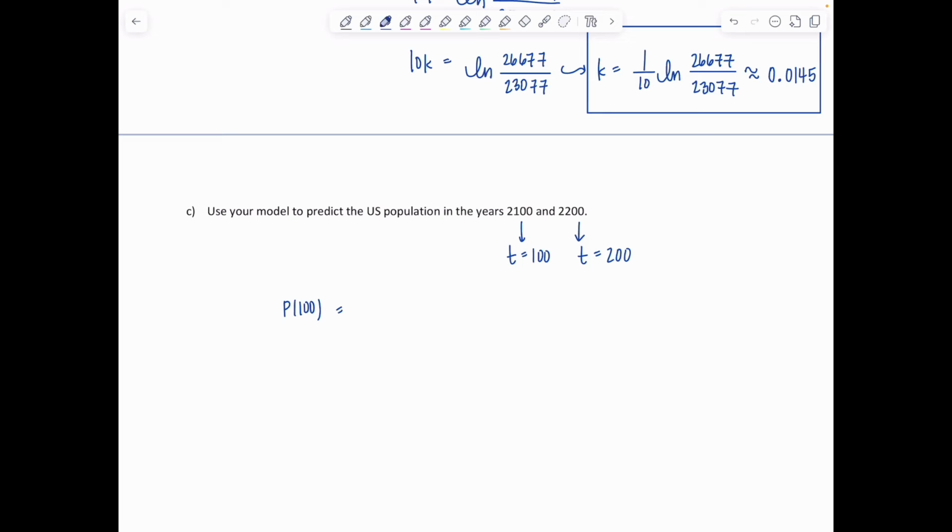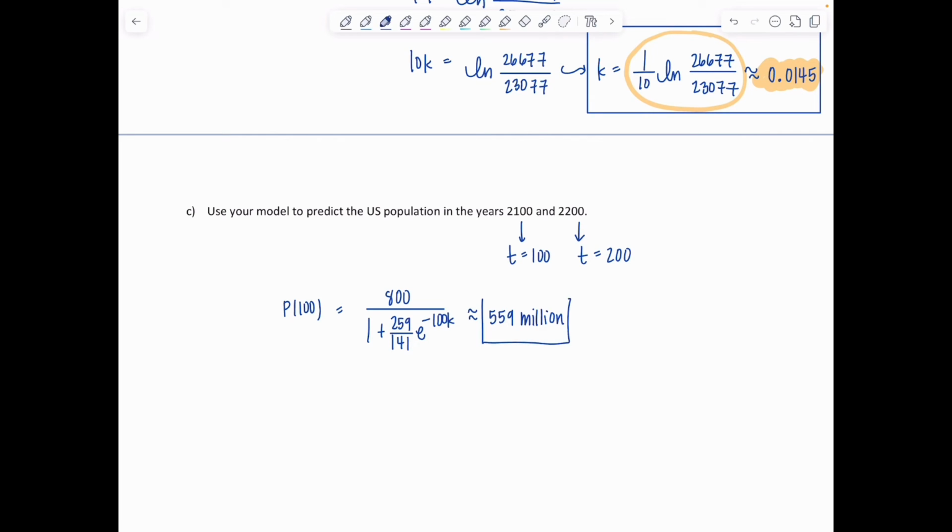So P of 100 is 800 over 1 plus 259 over 141 e to the negative 100k. I'm going to just put 100k because k is quite messy to write. And I'm going to actually use the exact version and store it in the calculator. I'm sure you all know how to do that by now. So this is approximately 559 million.